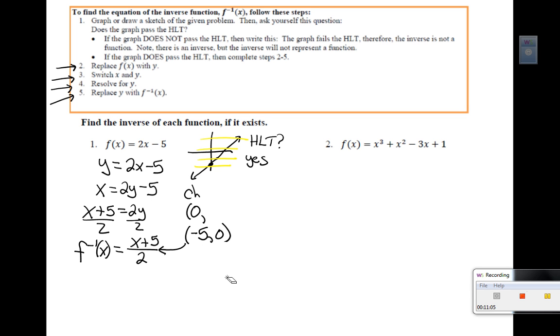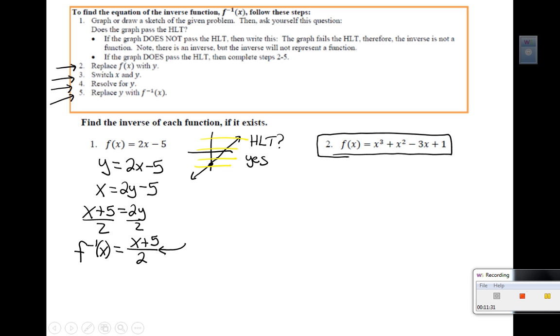Okay. Well, here goes number 2. Let's go through the steps. It says graph or draw a sketch. Well, if you will, grab your graphing calculator and type this in. I'm going to wait just a second for you to do that.